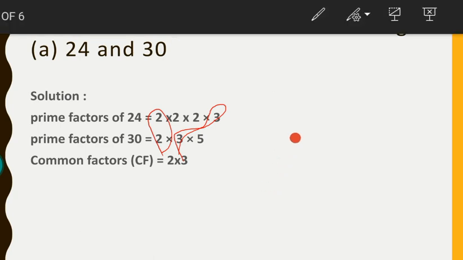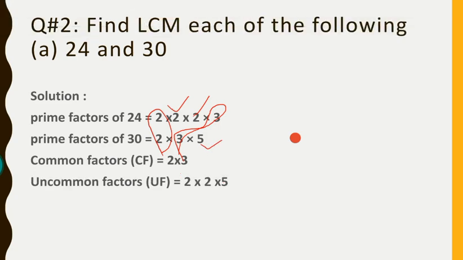These two and this 5. These are uncommon factors. So uncommon factors are 2 and 5. Okay, so LCM is equal to CF multiplied by UF, just like this, CF multiplied by UF.